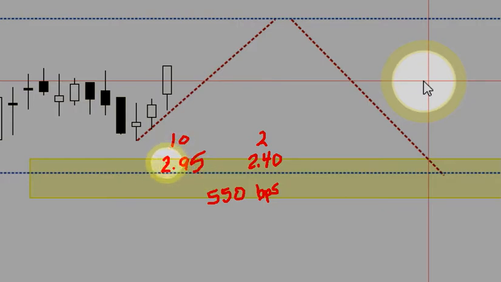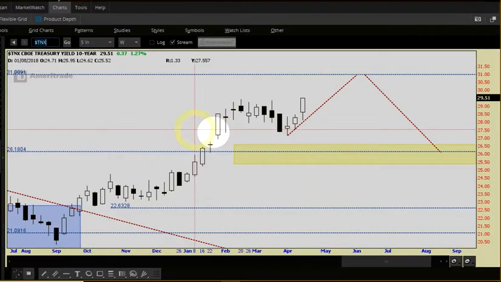So the idea is I loan long-term money at this number, and I pay out short-term money at this number, and of course I get to make the difference. That's why the cable is kind of an important spread, and what's happening is the 2 is really catching up to the 10. Of course, the 10 will start taking off here soon.